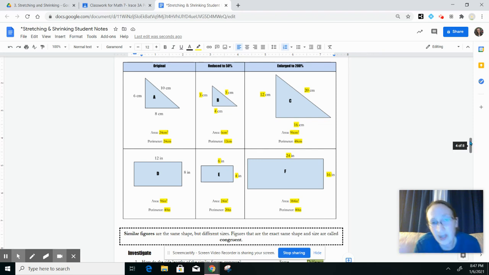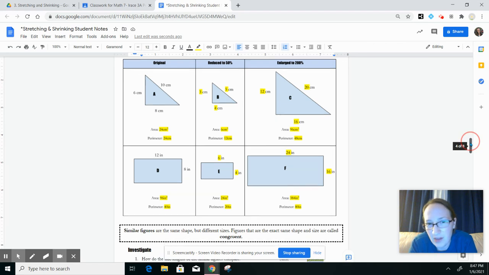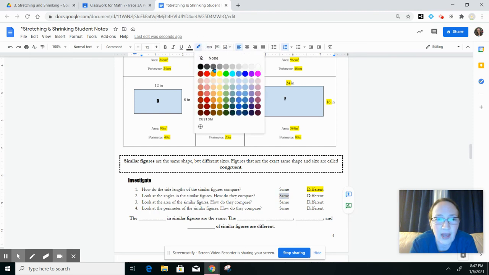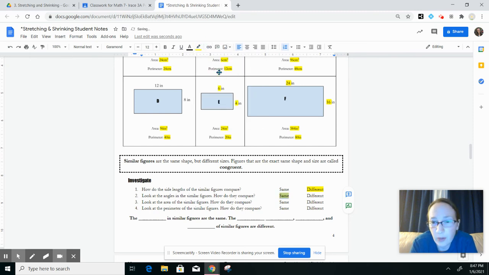And if they were enlarged perfectly correctly, which I hope I did, they should all have the same angles. We're not going to get out protractors or anything like that. For right now, it's good enough for us to just eyeball and compare them. So those are the same. And we're talking about the angles in those similar figures. And that'll be important later on when we start doing more work with these similar figures.